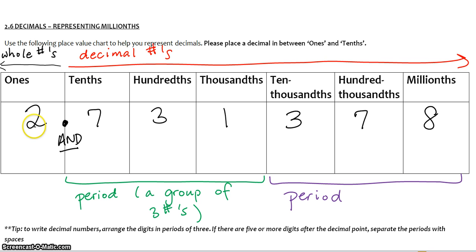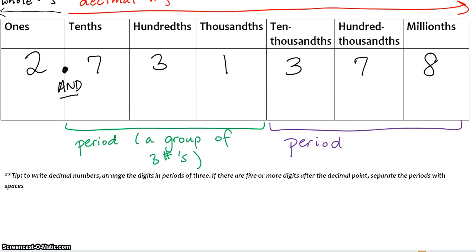So you would read this 2 and 731 thousandths, 378 millionths. Again, I'll repeat that. It's read as 2 and 731 thousandths, 378 millionths. Okay, so that's how you read a larger decimal number.